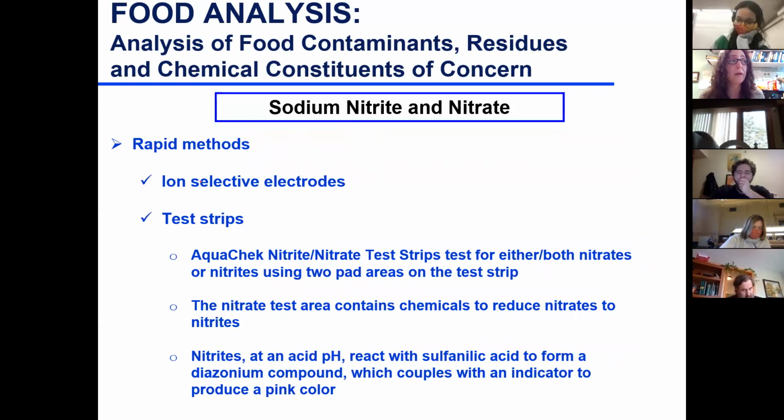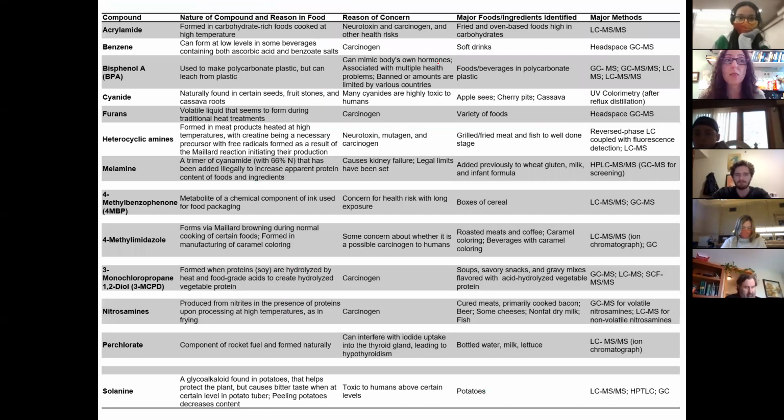So there are rapid methods, the ion selective electrodes we talked about last week in the minerals chapter. There are electrodes specific for nitrates and nitrite, that's very common, and also test strips for nitrite nitrates as well. Now, this is the table that I would say would be good to study from if you were given a question with examples.